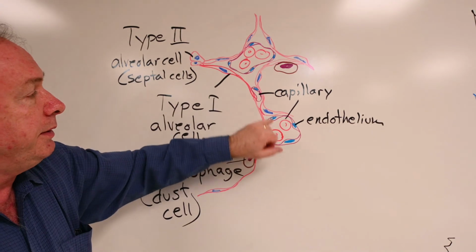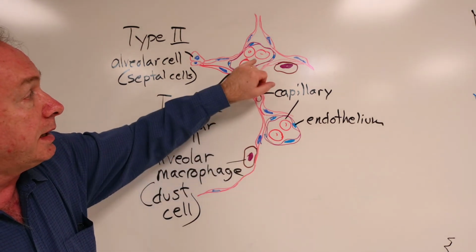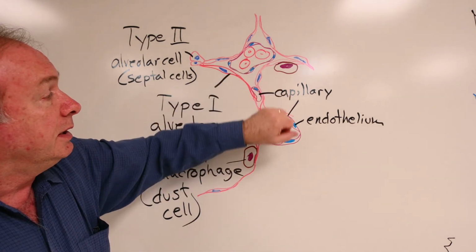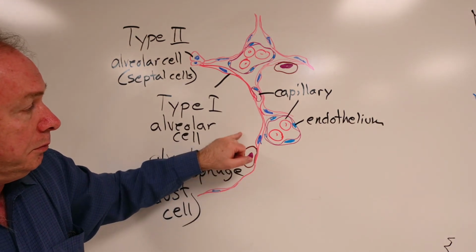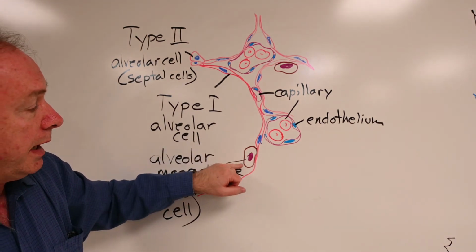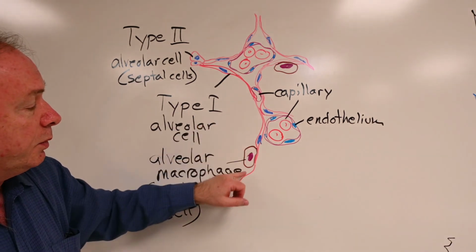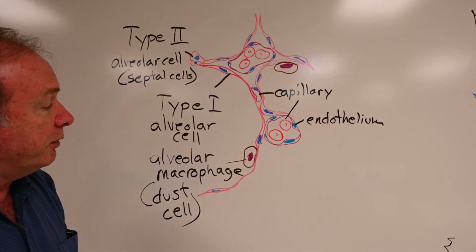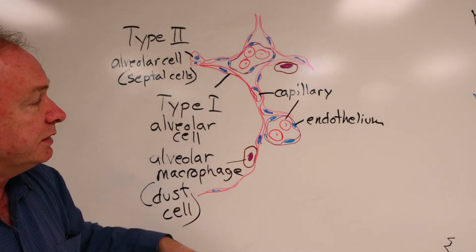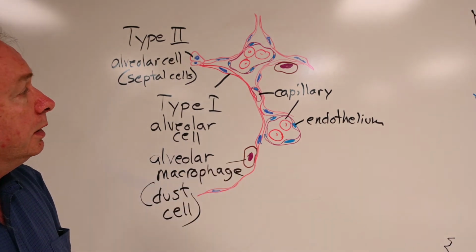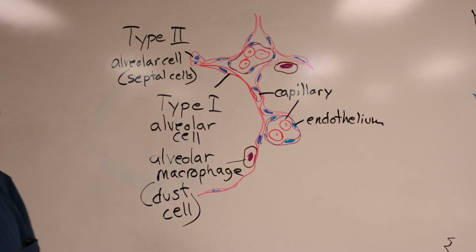We have a lot of capillaries that go through here. In the capillaries we have red blood cells. And then finally, out in the alveolar space up against the wall here, we see some macrophage cells that are defensive cells that remove debris from the wall of the alveolus.